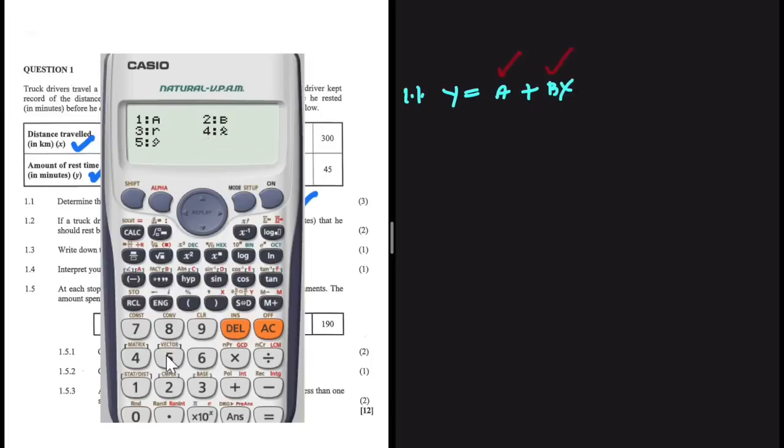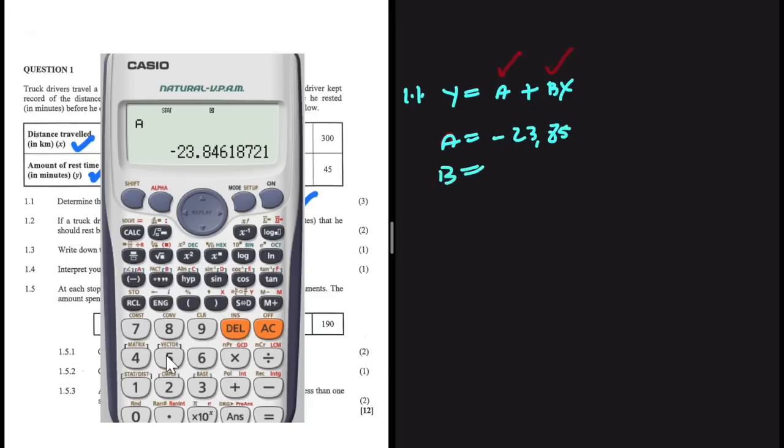Okay, and then let's go ahead and determine A. So let me press 1 and equals. If I do that, I get minus 23.85 as the value of A.